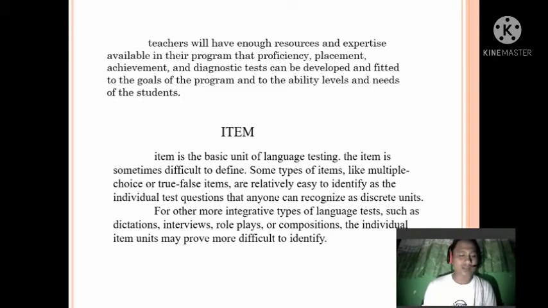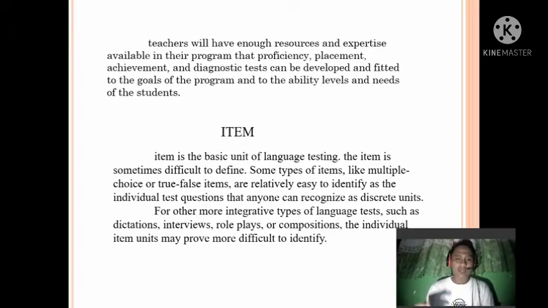Okay. The next, after that, we must know about the item. What is the item? Item is the basic unit of language testing. The item is sometimes difficult to define, but some items like multiple choice or true-false items are relatively easy to identify as the individual test question that anyone can recognize as a discrete unit.